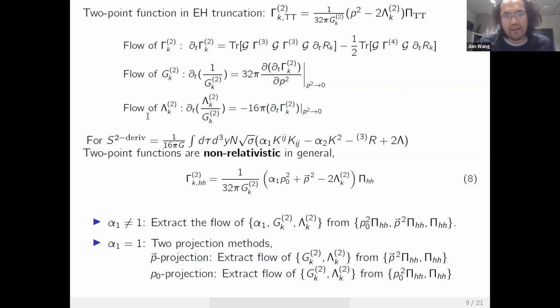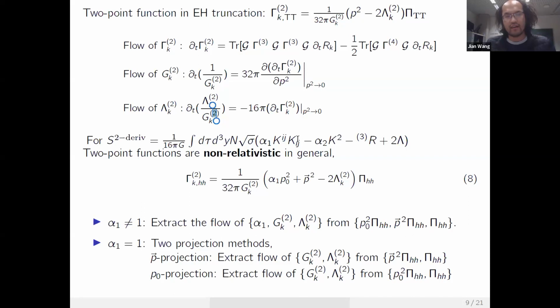Similarly, if we want to get the flow for the cosmological constant, we can simply set p0 to be 0. Then we can read off the RG flow for this coupling. Here we use the index 2 to indicate that they are the couplings appearing in the 2-point function.